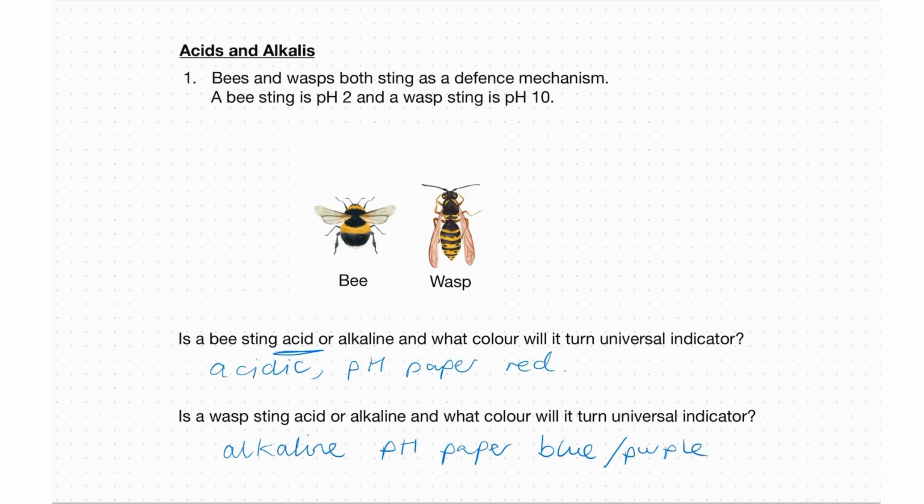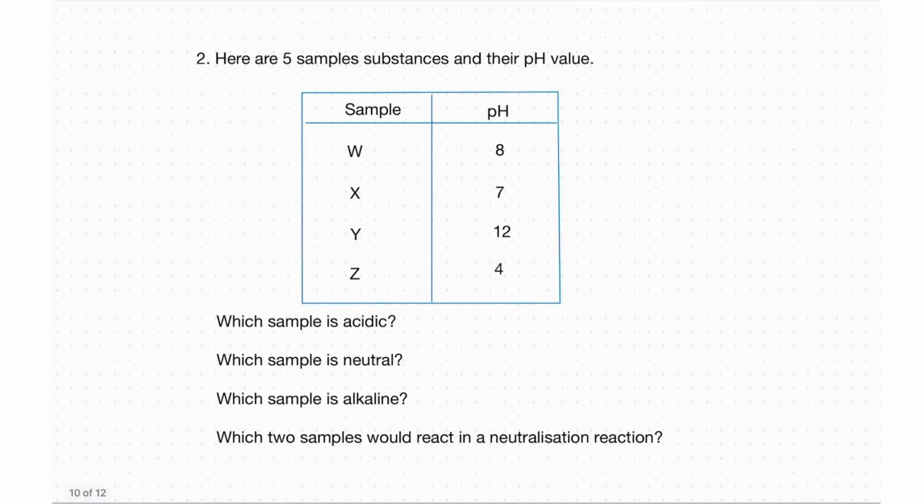So very simple, they just want the answers. Sometimes these questions come up as tables that you have to fill in, and you can just write the one-word answers. That's fine.